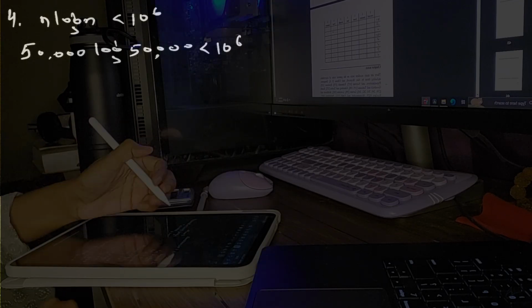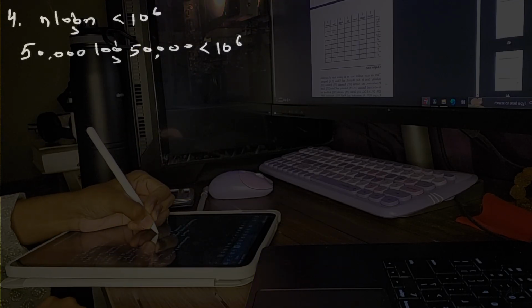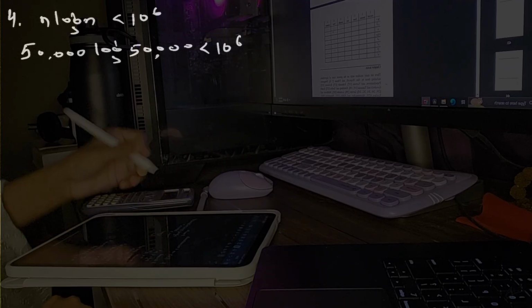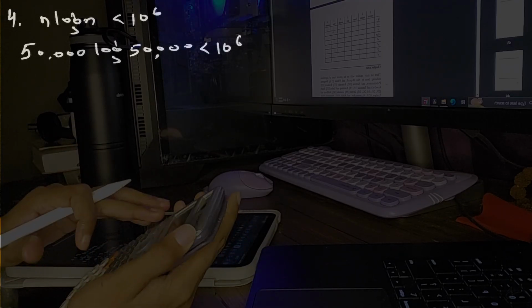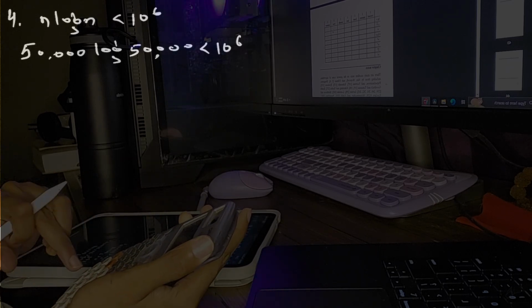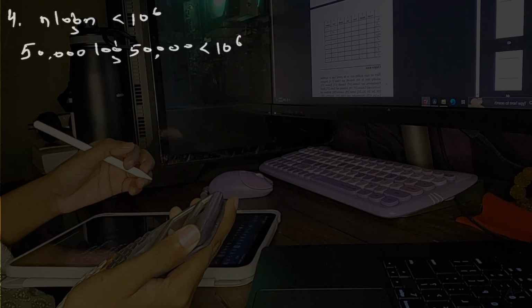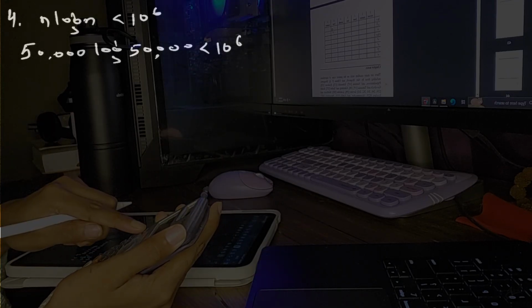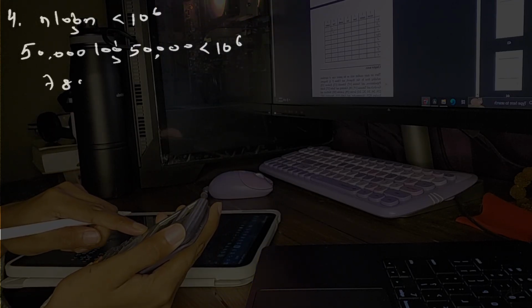And again here, I have calculated the log: log of 50,000 divided by log of 2, multiplied by 50,000 equals 780,482.